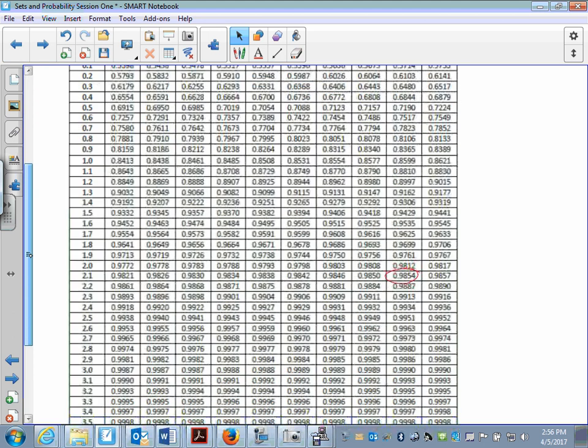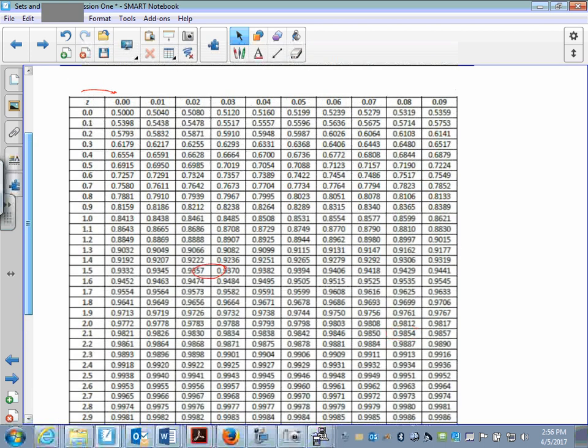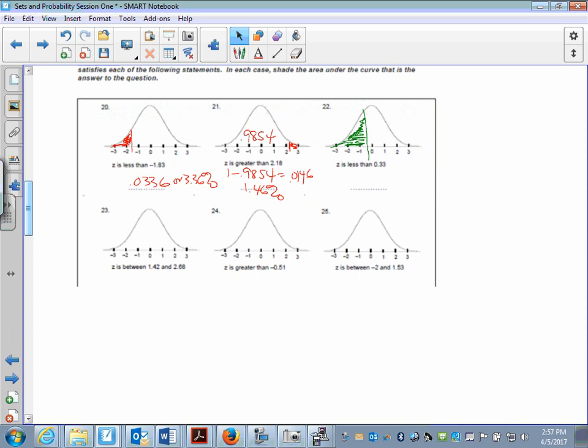0.33, 0.30, 31, 0.32, 0.33 is 0.6293. But unfortunately, I put 0.33 not at 0.33, but at negative 0.33.